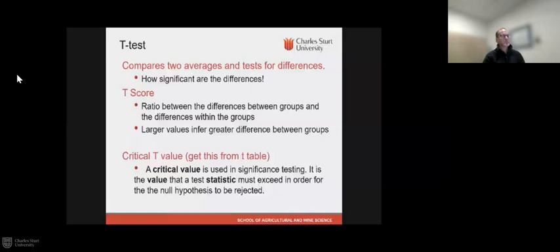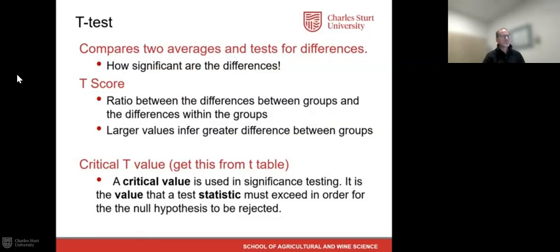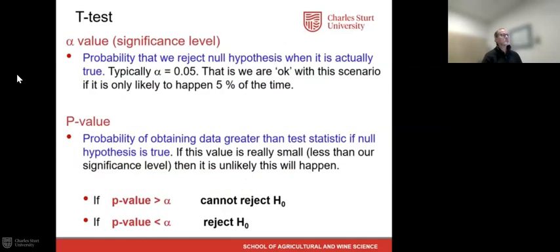All right. So we get a t-score, and we need to compare it to a critical t-value. But as I've already mentioned in our lectures last week, we can also use our alpha value or significance level and the probability value.